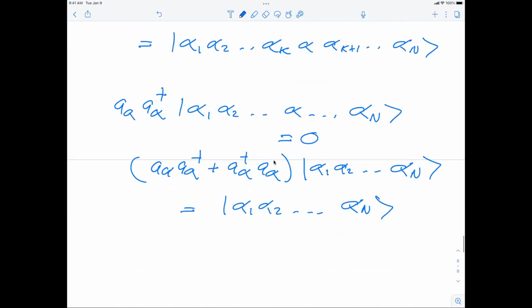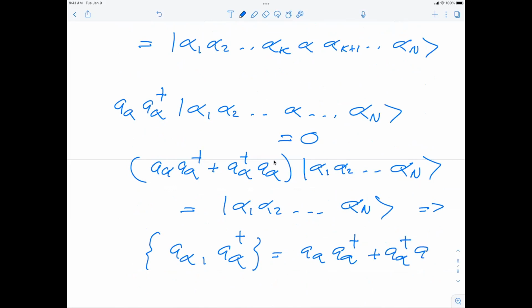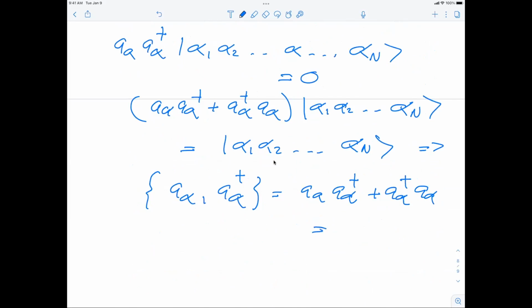So I can rewrite it like this: a_alpha dagger a_alpha plus a_alpha a_alpha dagger is equal to 1.